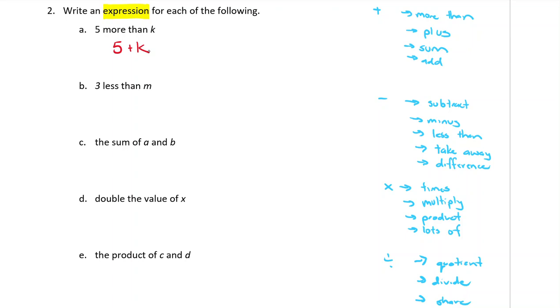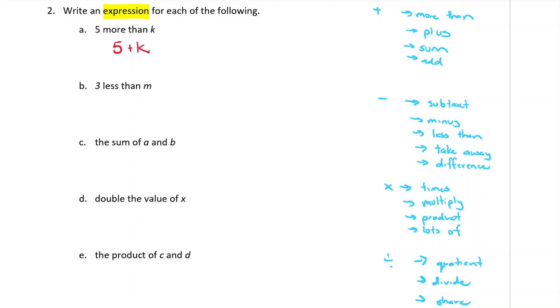Let's do another one. 3 less than M. Now the word less than, what is that as a symbol? Minus. It is a minus. Now with minuses, you have to be really careful. Which one am I subtracting? Am I subtracting the 3 or am I subtracting the M? It's important.